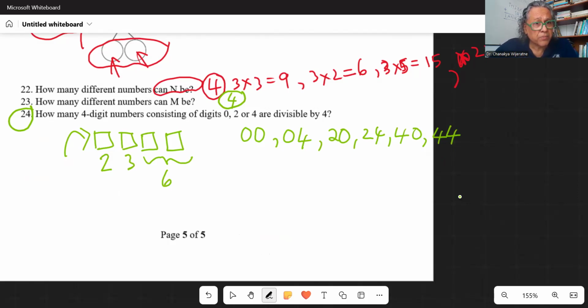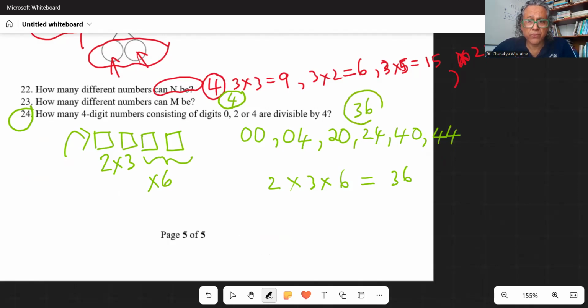If you multiply these numbers of choices together, 2 times 3 times 6 is 36. So there are 36 4-digit numbers consisting of digits 0, 2, or 4 which are divisible by 4.